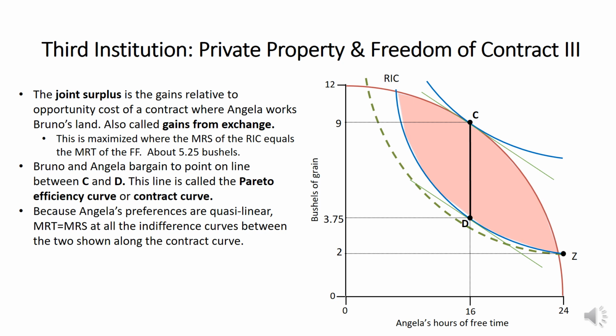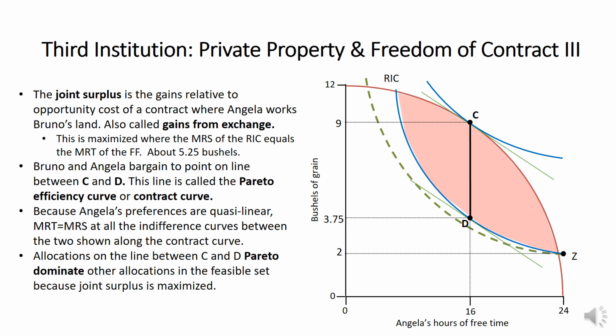If preferences weren't quasi-linear, if they had a different shape, then the contract curve may not be straight. It may be curved or squiggly or something like that. So the point of using the quasi-linear preferences in this model is just to make this contract curve look nice. And so allocations on the contract curve Pareto dominate all the other allocations in the feasible set because the joint surplus is maximized.